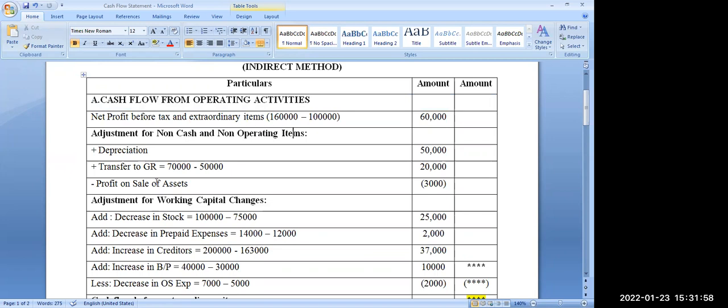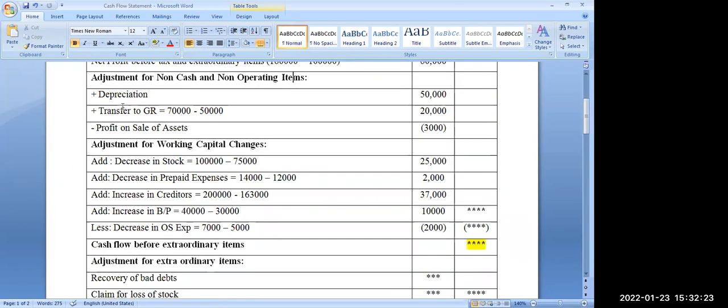Don't worry about the format. You do one thing. Start with cash flow from operating activity. How do I find out the cash flow from operating activity? Start from the profit. Add all those non-cash expenses, minus all those non-cash income, plus all those non-operating expenses and minus all non-operating income.